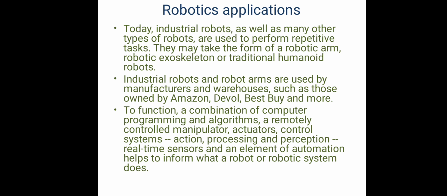Industrial robots and robot arms are used by manufacturers and warehouses such as Amazon, Best Buy, etc. To function, a combination of computer programming and algorithms, a remotely controlled manipulator actuator, control systems, action processing and perception, real-time sensors, and an element of automation helps to inform what a robot or robotic system does.